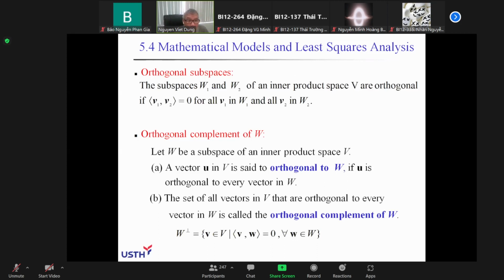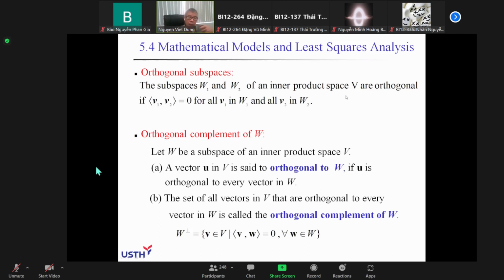Then we continue with the math models and least squares analysis. First, we define the notion of orthogonal subspaces. Suppose that we are given two different subspaces W1, W2 of the same inner product space V. We say that W1 and W2 are orthogonal to each other if we have the inner product of v1, v2 equals 0 for any v1 inside W1 and any v2 inside W2.